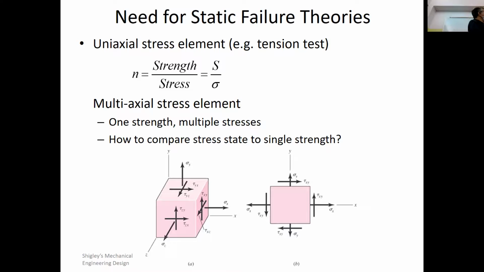Why do we have to worry about these static failure theories? And if you recall, you probably learned about 6 different failure theories in Intro to Machine Design. Correct? Did you all learn about static failure theories? Why did we need them? Why can't I just simply take the strength divided by the stress?